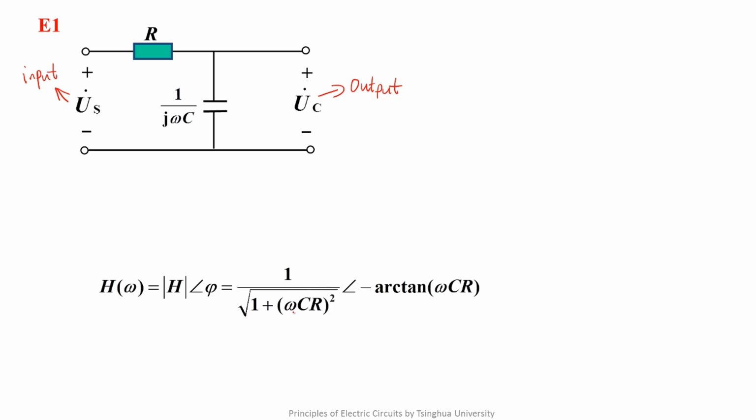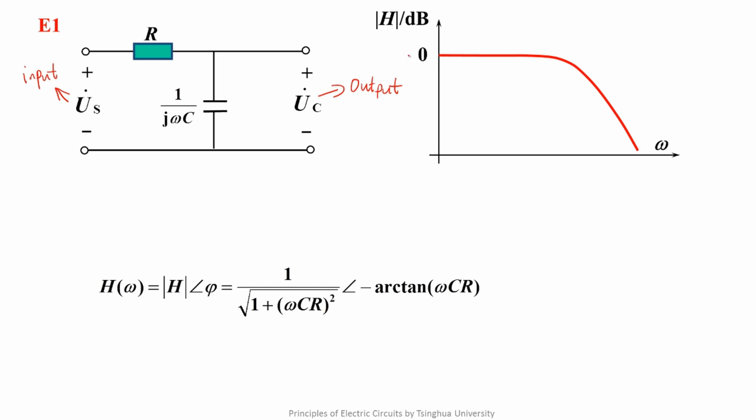We draw the AF characteristic of the transfer function like this. Here we need to emphasize that 0 refers to 0 dB. According to the knowledge we taught in Lecture 69, dB equals 20 times log UO over UI. So 0 dB means UO over UI equals 1.